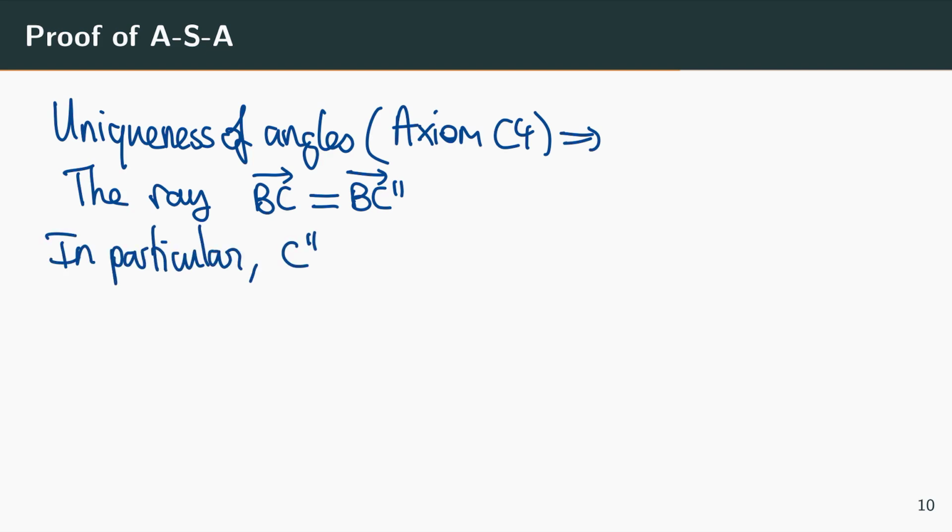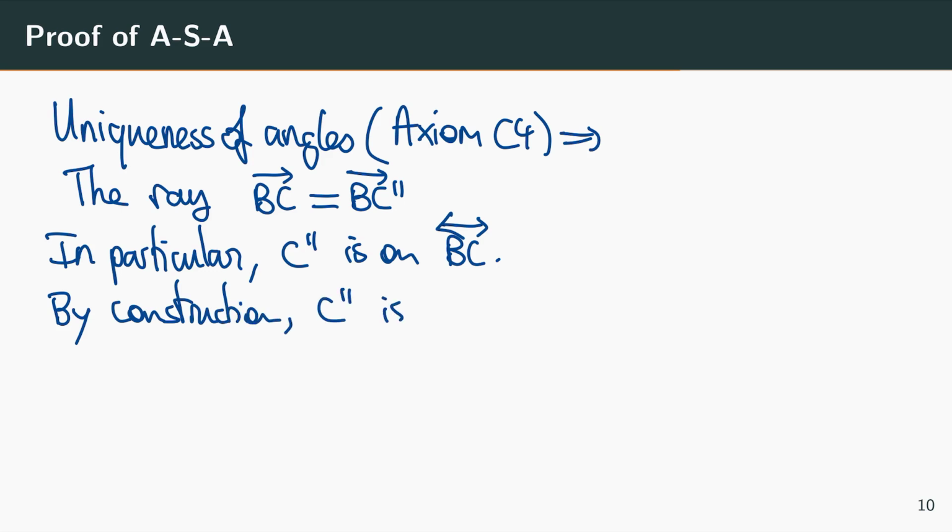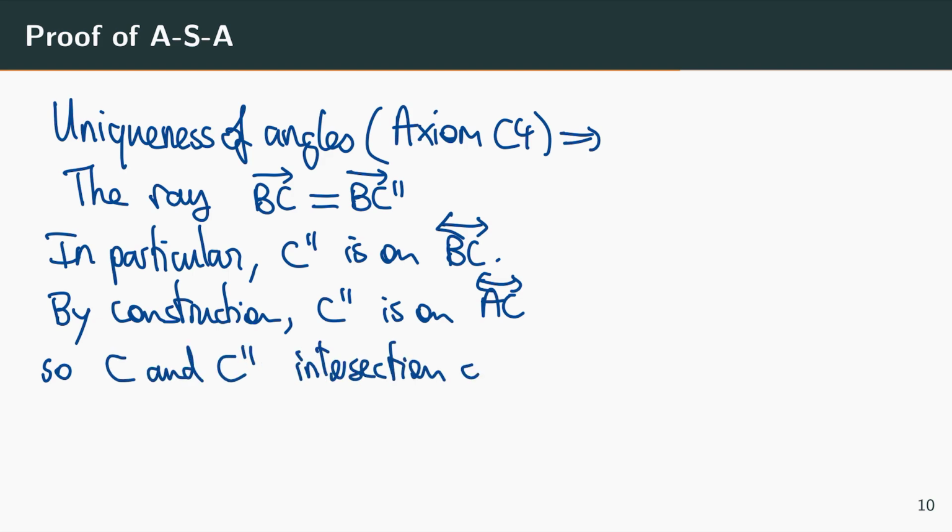So in particular, C double prime is on the line BC. However, by construction, both C and C double prime are at the intersection of AC and BC.